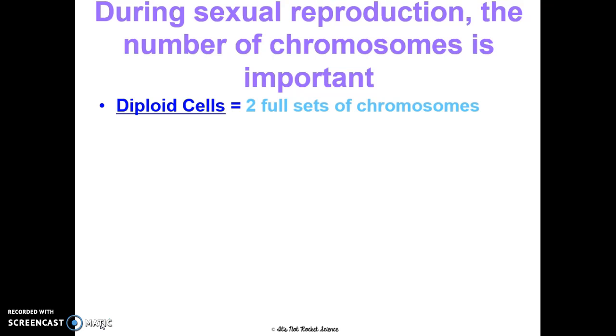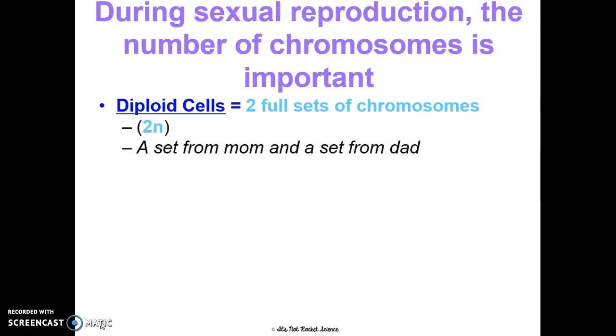So we're talking about getting a set from your mom and from your dad. Okay, so this is post sexual reproduction. This is where you are already developed. So again, our somatic cells are going to be 2N. So all of our body cells, other than gametes, have both these sets of chromosomes.